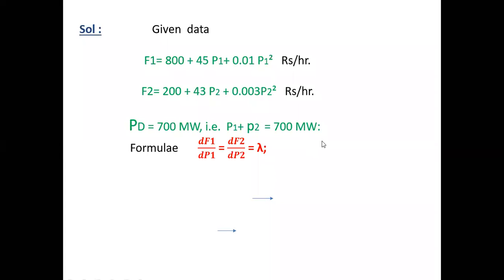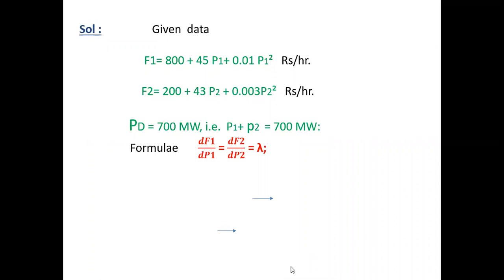Of course, we don't know lambda here. Just equate these two, then we will get one equation, and one more equation is P1 plus P2 equals 700 megawatts. So finally, we will get two equations and two unknowns. Find P1 and P2 and tell me. First, tell me P1, P2.